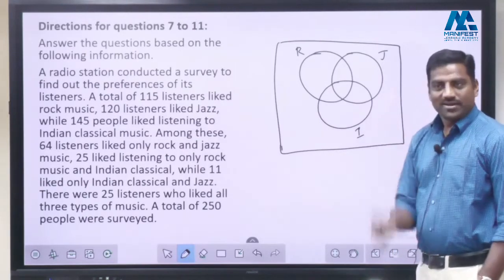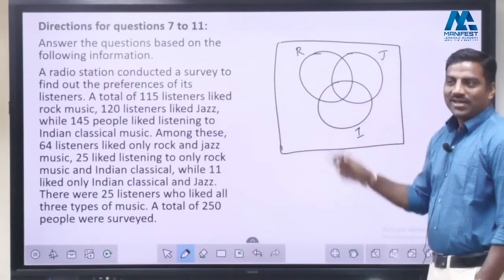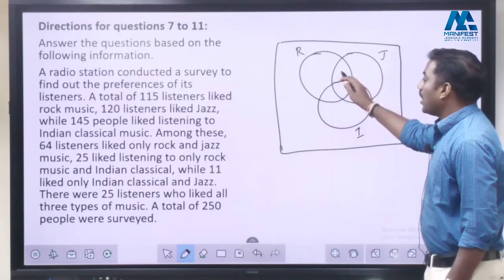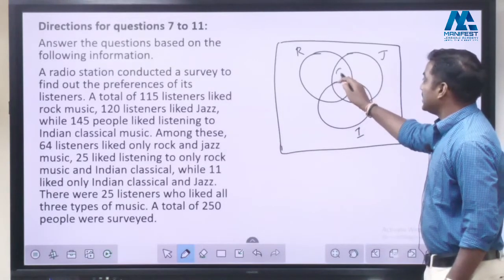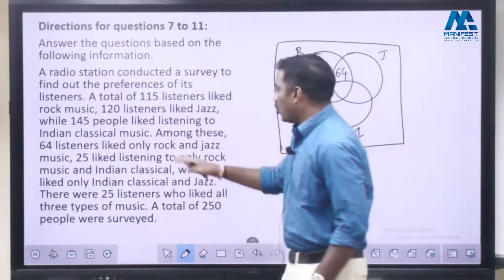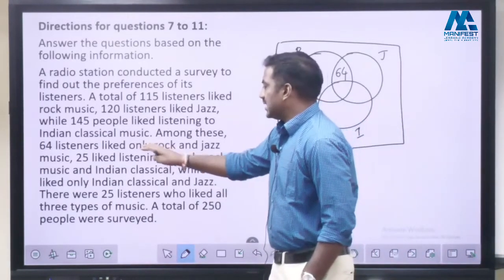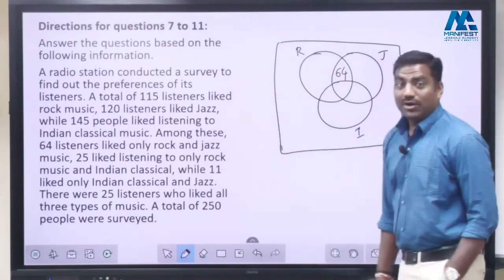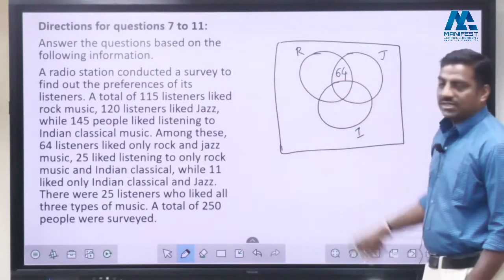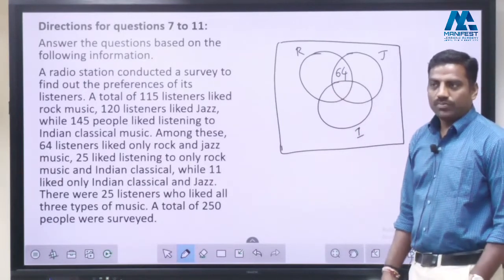There. So, 64 liked rock and jazz only. If they had given this sentence without 'only', 64 listeners liked rock and jazz, I couldn't have put this one, because these 2 sectors have to be considered then. Yes or no?